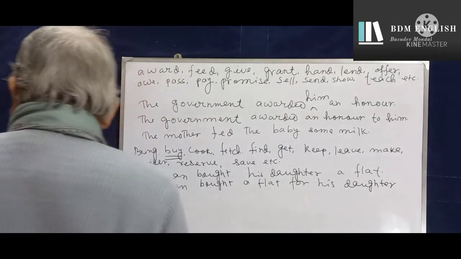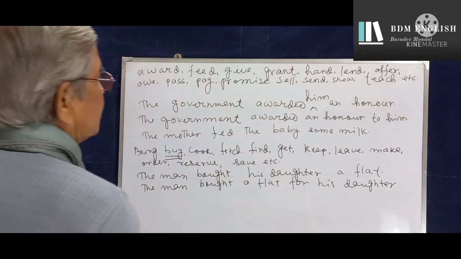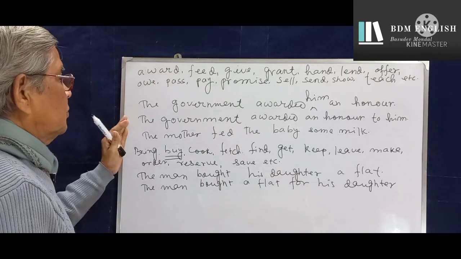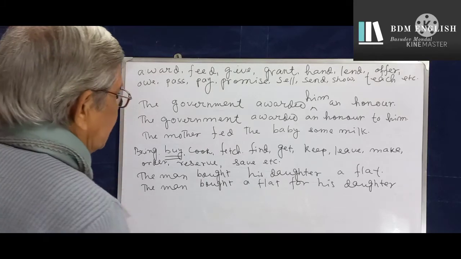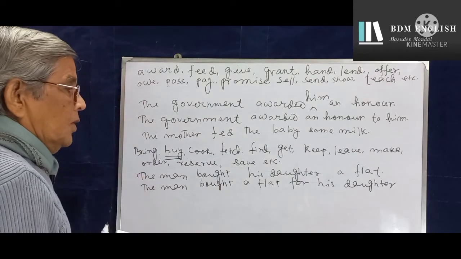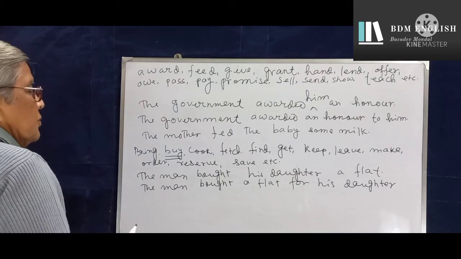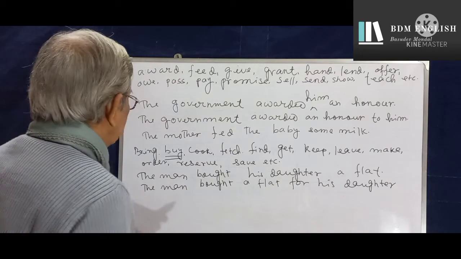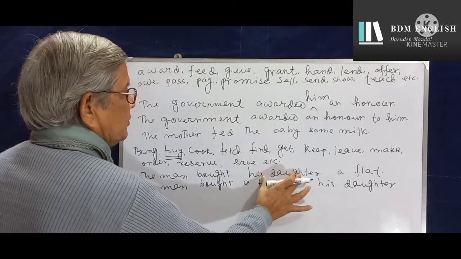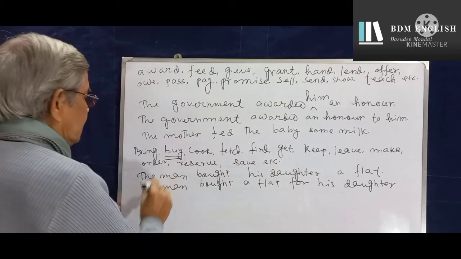Now, as these verbs are all transitive verbs, we can use them in the passive voice too. And in that case, we can use either the direct object or the indirect object as the subject of the sentence. For example, let us take this sentence. This is the indirect object. We can use it as the subject in the passive voice sentence.